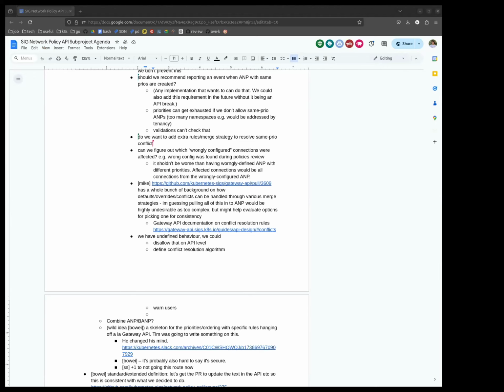You have a lot of ships in the night in your Kubernetes policy, where you've got a group of things over here that are secured one way with this batch of policies and a group over there that are secured with that batch of policies, and being able to overlap on priority level doesn't matter as long as you're not matching other people's traffic. So I think in practice it's not as big an issue.